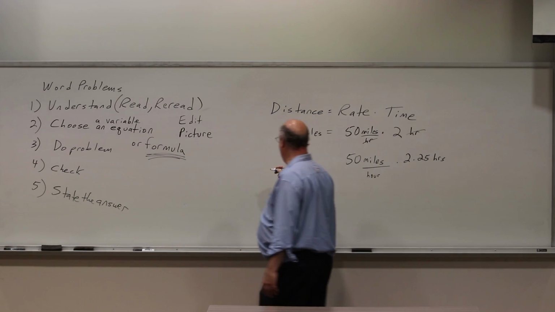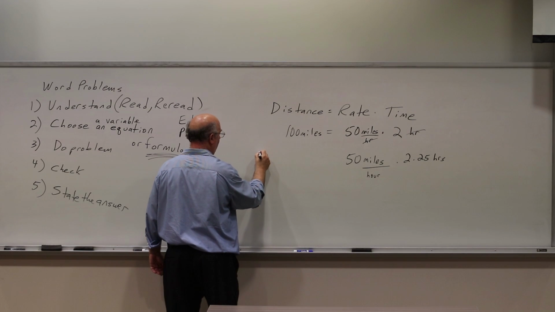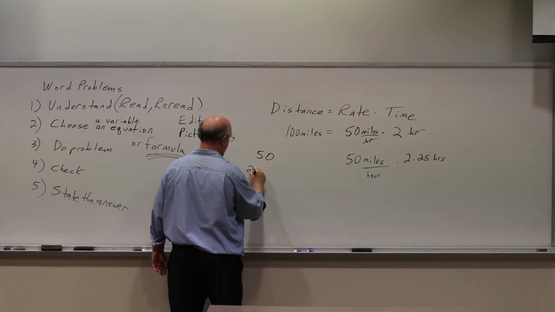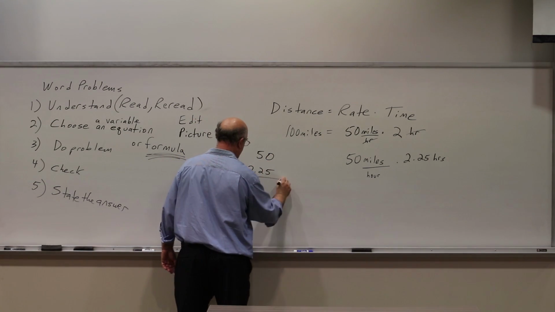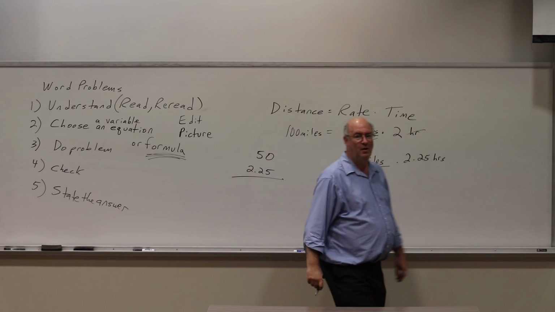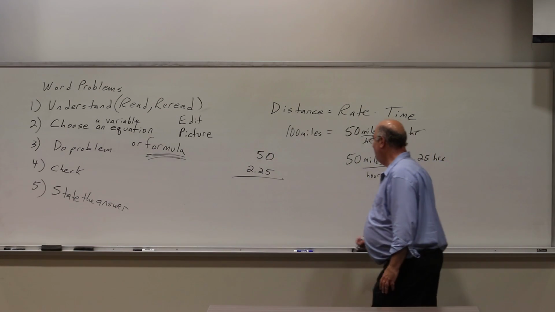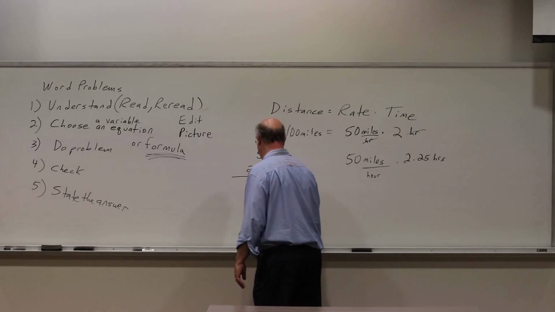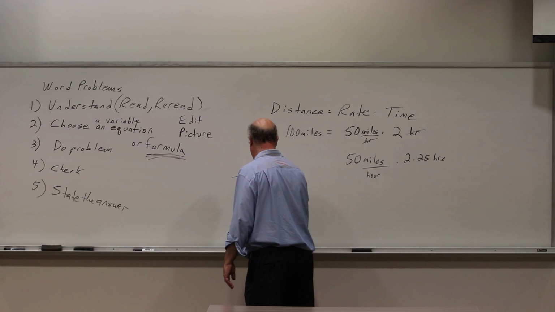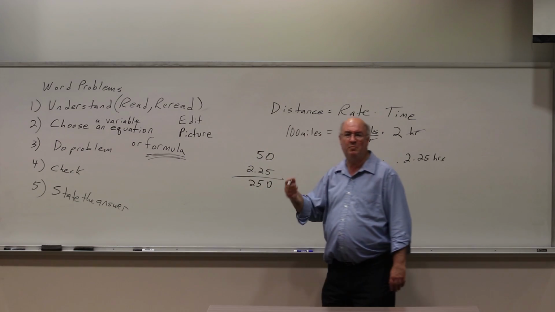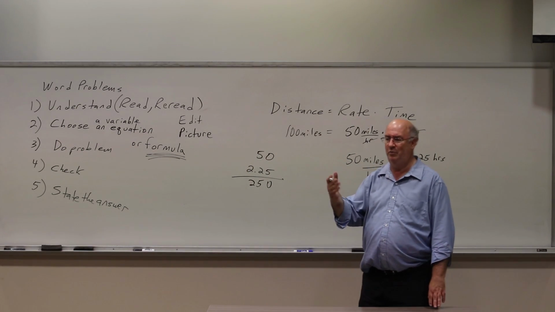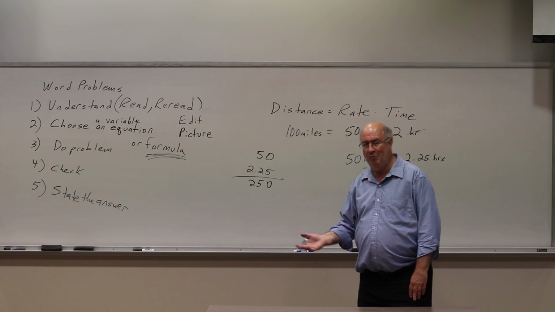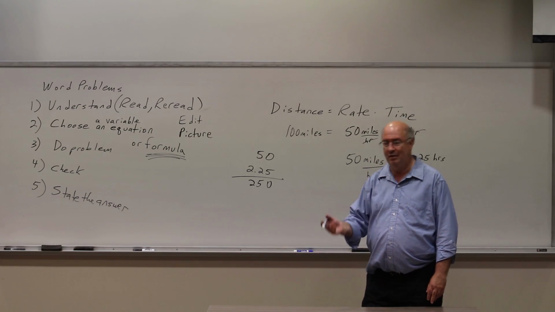We can put 2.25 on top, put 50 on the bottom. All right, with decimals. 5 times 0, it's still 0. 5 times 5, 25. We're going to do multiplication the same way we regularly would, and then we'll deal with the decimals at the end.